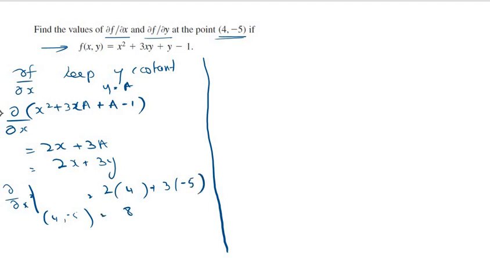So this is 8 minus 15, that is equal to minus 7. That's the answer. So next thing we need to do is the partial derivative of f with respect to y. So when you're differentiating with respect to y, we keep x constant.